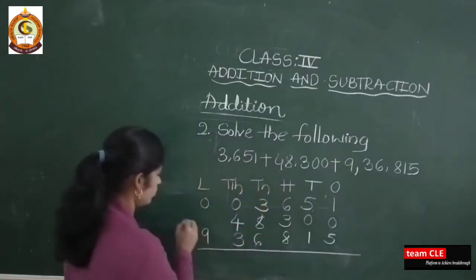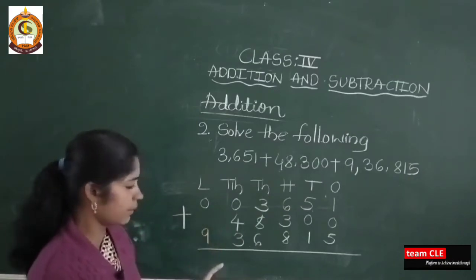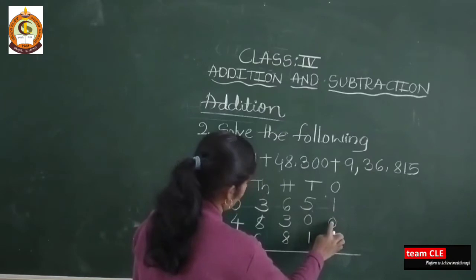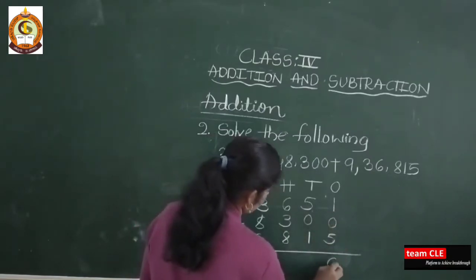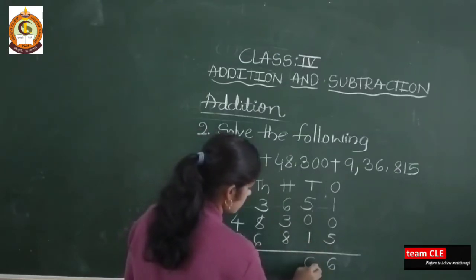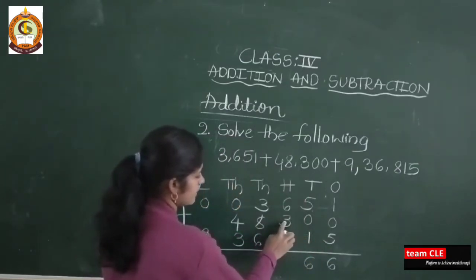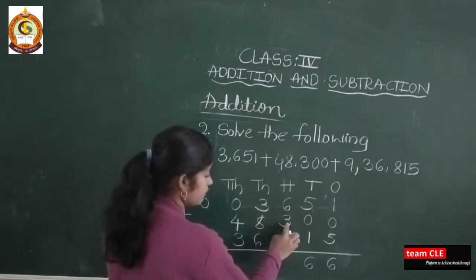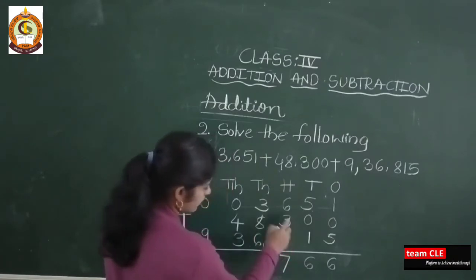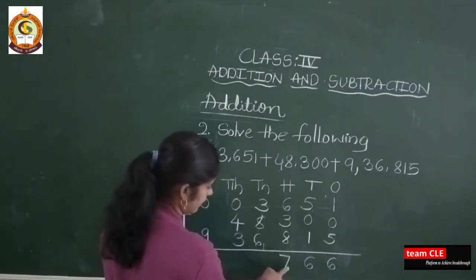This is the way you have to arrange the numbers to add. So here 1 plus 5 is 1 plus 0 is 1, and 1 plus 5 is 6. 5 plus 0 is 5, 5 plus 1 is 6. Next, add the hundreds place. 6 plus 3 is 9, 9 plus 8 is 17.